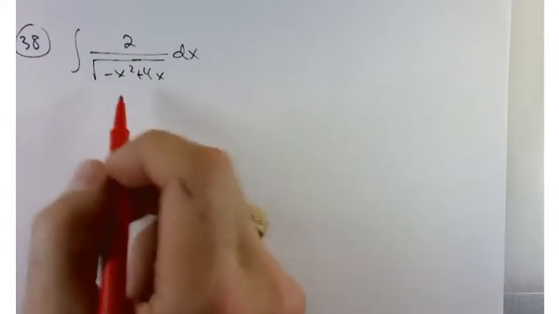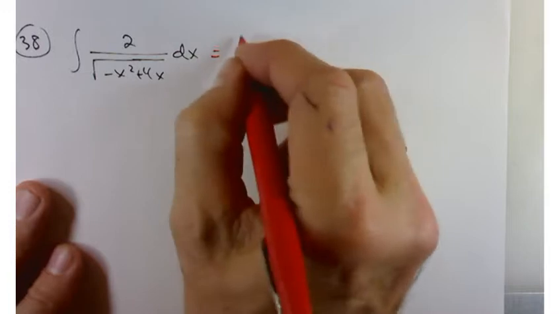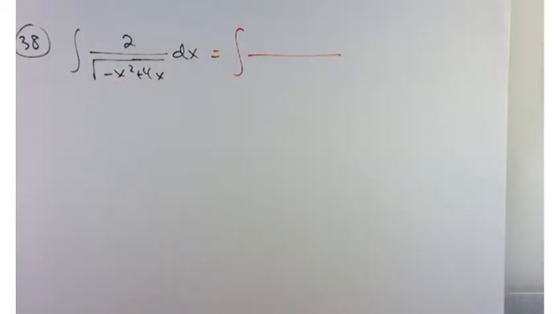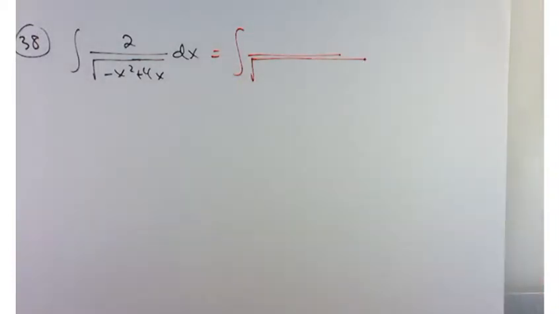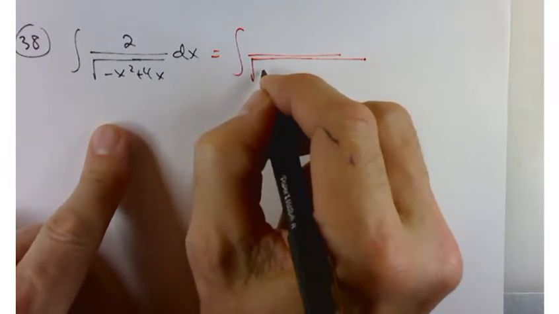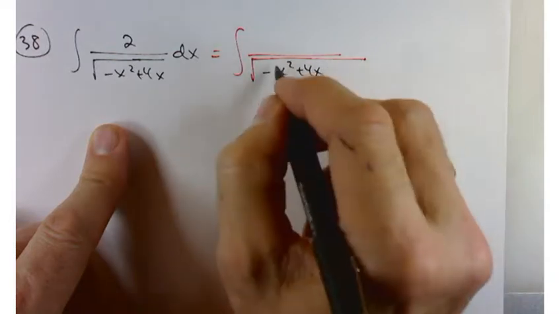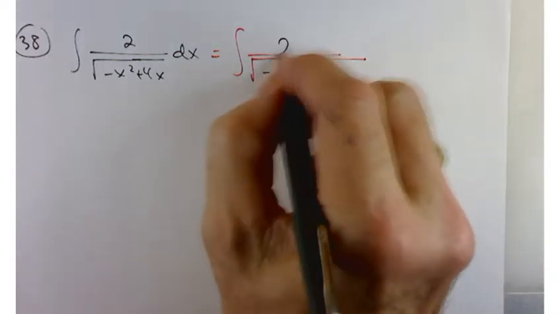So that's going to mean some more work with completing the square here. The tricky part for us here is that we've got a minus x squared. So we're going to have to be a little bit careful in completing the square. So I've got a minus x squared plus 4x. And then let's put 2dx up top.